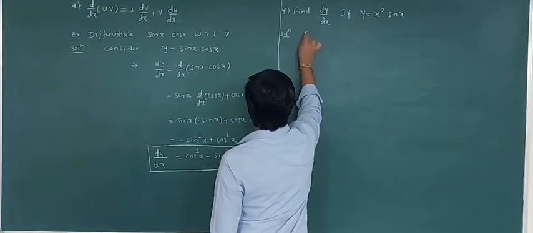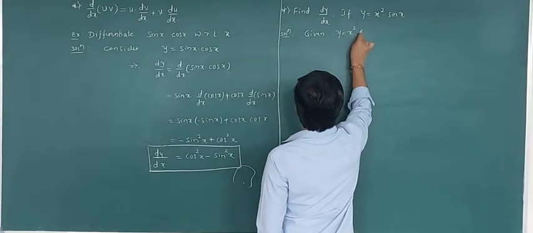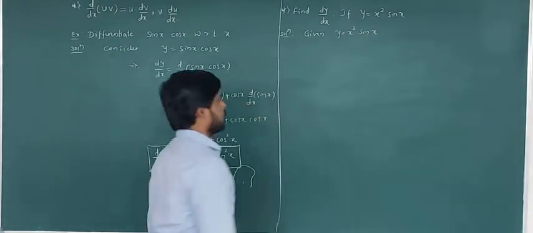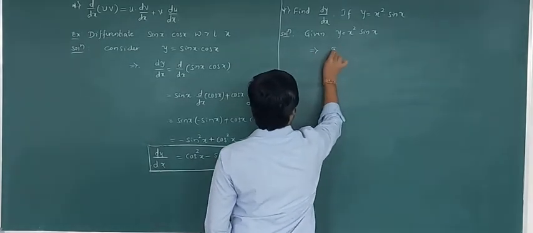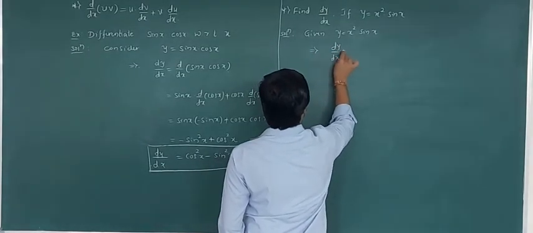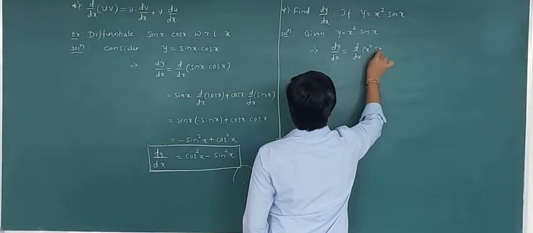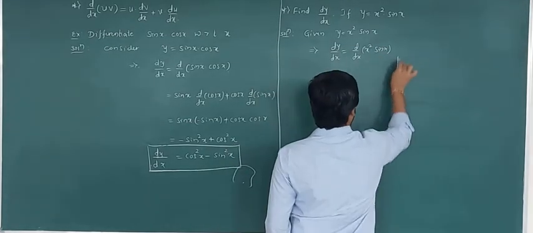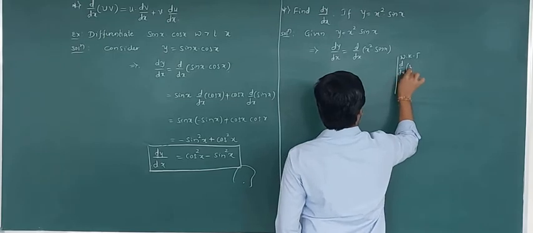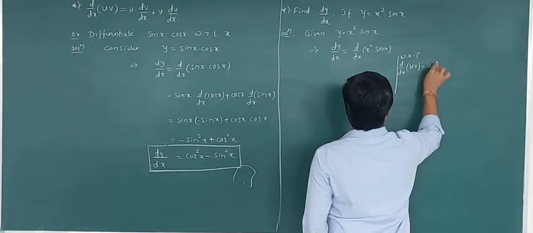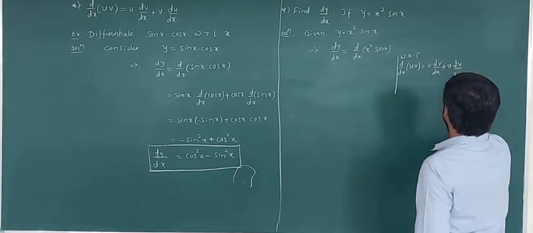So given y is equal to x square into sin x, and differentiate both sides, we get dy by dx is equal to d by dx of x square into sin x, and we know that d by dx of u into v is equal to u into dv by dx plus v into du by dx.